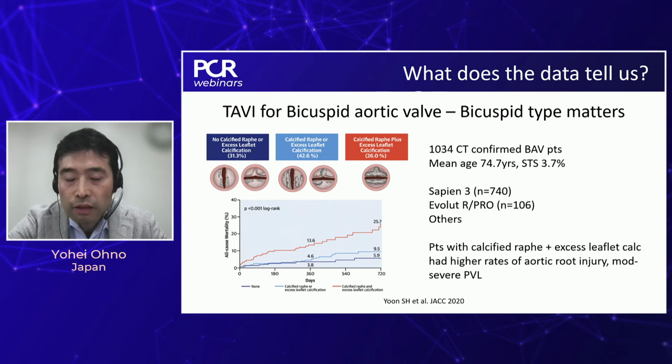The device used in this series was mostly Sapien 3, followed by Evolut Pro, Evolut R, and others. As you can see in this nice illustration on the left side, if the patient has a calcified raphe or excess leaflet calcification, very severely calcified leaflets, the combination had very poor clinical outcomes compared to less calcified anatomy.